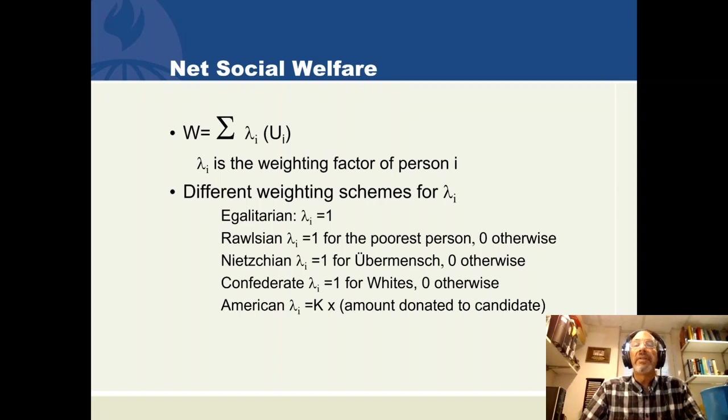In a kleptocracy, such as we might live in America today or someday, lambda i might be a weighting factor times the amount that one donates to a candidate, so that we've identified a ruling entourage that contributes to the sovereign, and your social welfare is given back to you in proportion to how much you're donating to a political campaign. And on and on.